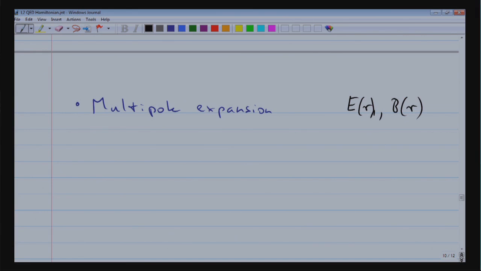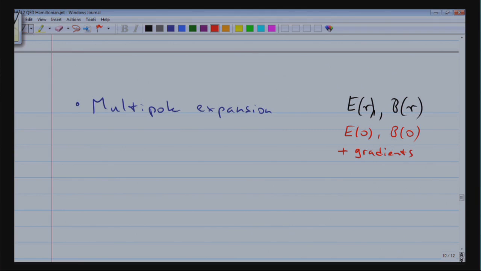So therefore, if we pinpoint our atom at the origin, we may be able to neglect the spatial dependence of the electromagnetic fields and replace it by electric and magnetic fields at the origin. Or if we want to go higher in a Taylor expansion, we use gradients of it.